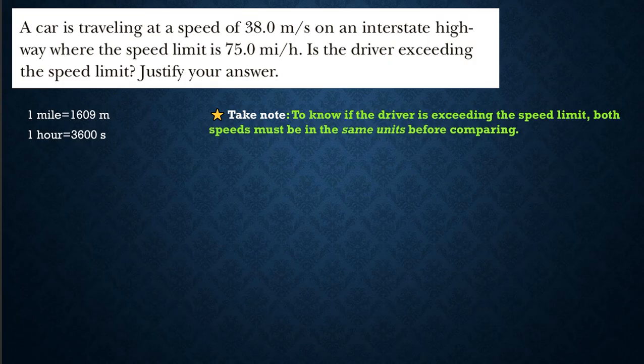The question is: a car is traveling at a speed of 38 meters per second on an interstate highway where the speed limit is 75 miles per hour. Is the driver exceeding the speed limit? Justify your answer.